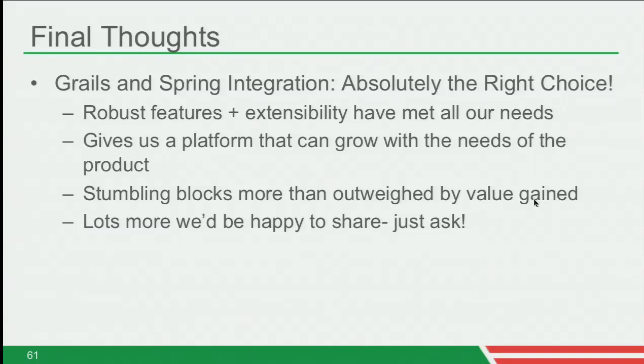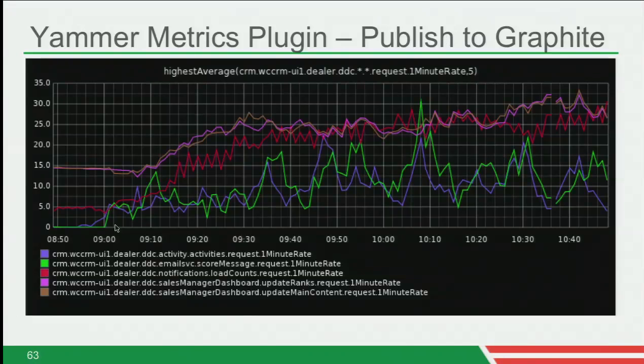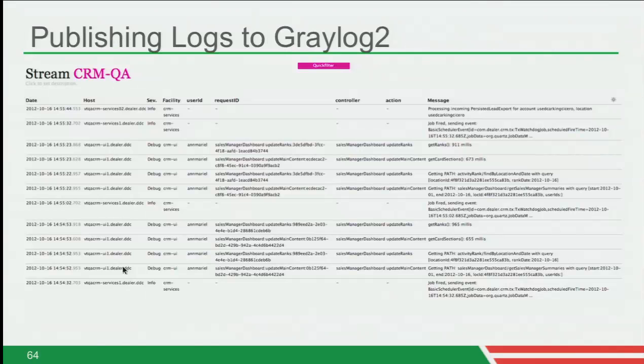And we've done a heck of a lot more than we've had time to talk about here. Just as an example, Jack mentioned we extended the form validation JSR 303 spec to allow mix-ins instead of annotating the classes itself, and putting validation constraints on nested properties to fit with the Mongo document paradigm. We've extended Yammer metrics to build a plugin to get extensive reporting piped to Graphite on a per controller action basis.